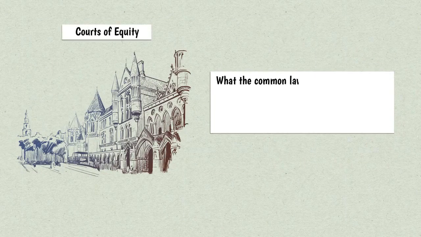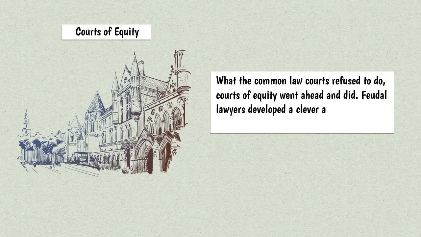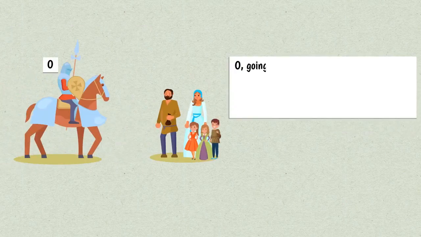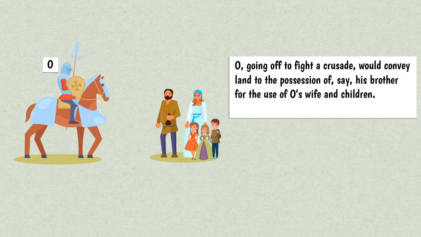What the common law courts refused to do, courts of equity went ahead and did. Feudal lawyers developed a clever arrangement known as a use. O, going off to fight a crusade, would convey land to the possession of, say, his brother for the use of O's wife and children.